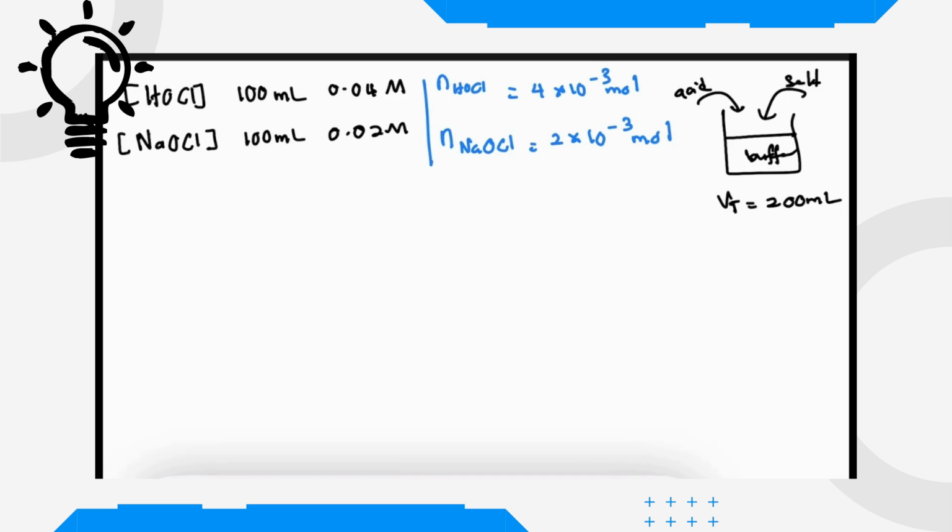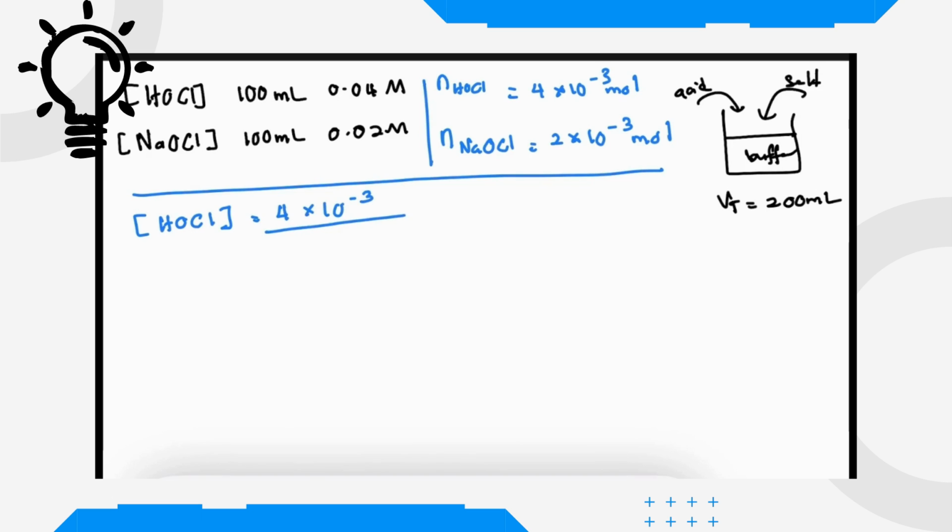So now the next step is to calculate the new concentration of hypochlorous acid. 4 times 10 to the power of negative 3 divided by, now it becomes 200, and for the second one, NaOCl.